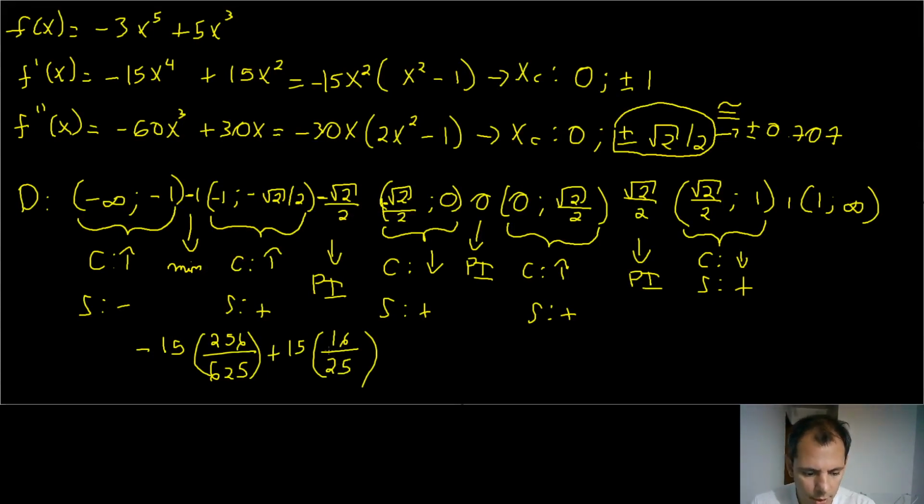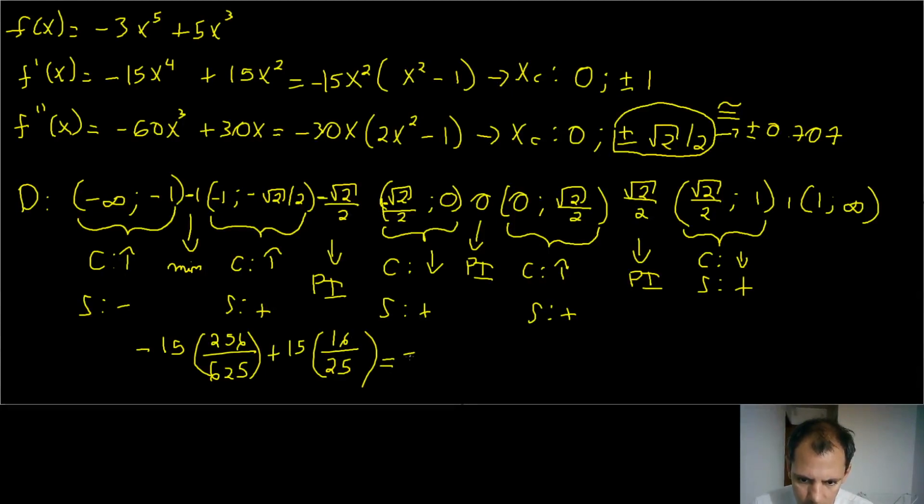Alright, now here's what I'm going to do. I'm going to use the calculator again. So you got 15 times 256 divided by 625. You got a negative 6.144.